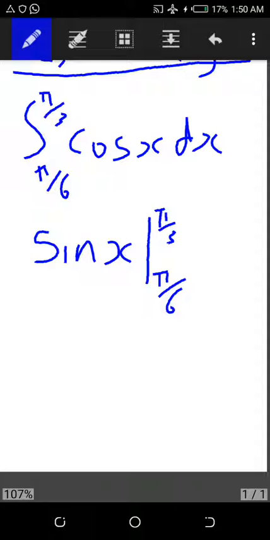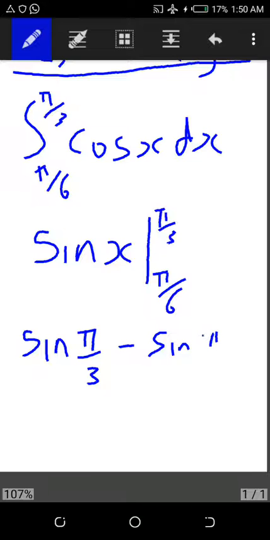So this changes to give us sine pi over 3 minus sine pi over 6. Remember that your pi has a value of 180 degrees, the radian.